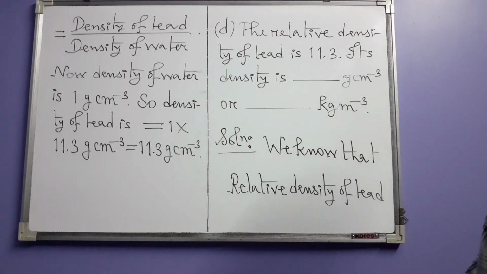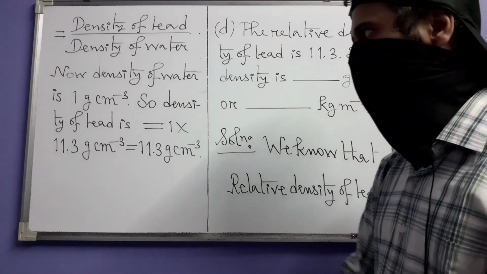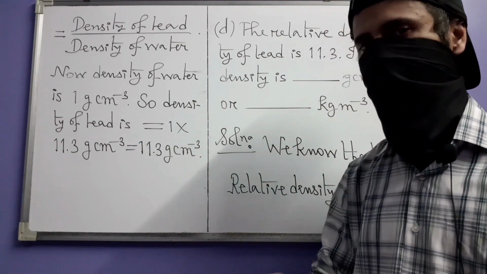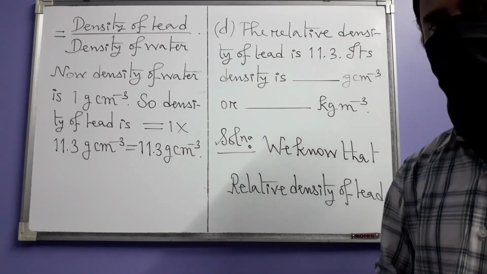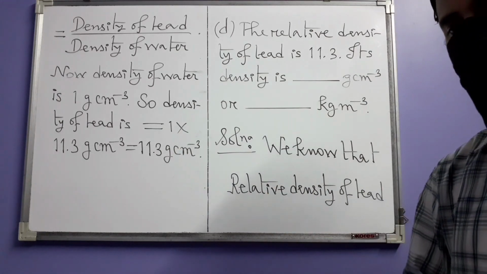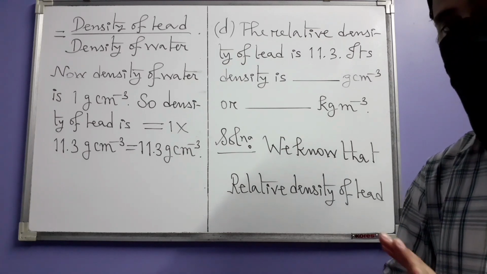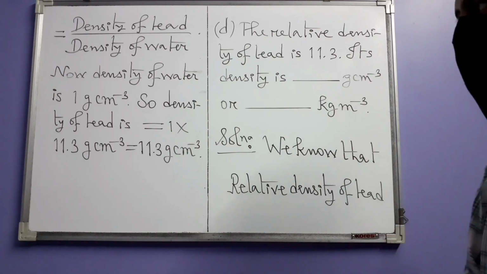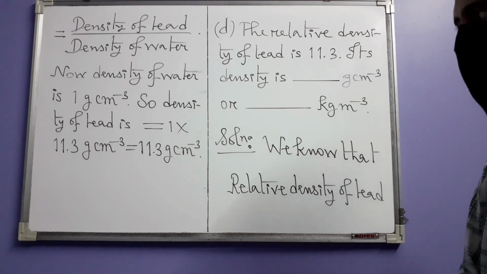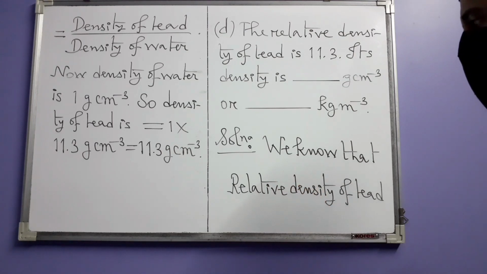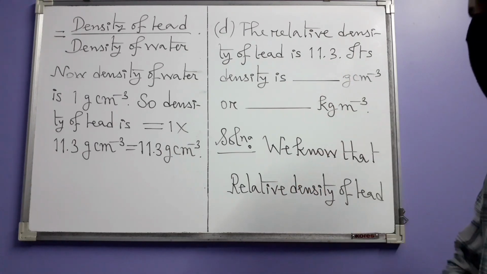Now it is known that density of water is 1 gram per cubic centimeter. It's an approximate value. Everything here, whatever we do in science, everything is approximate. This is not mathematics. So it's about 1 gram per cubic centimeter. Then from that, how do we calculate density of lead?